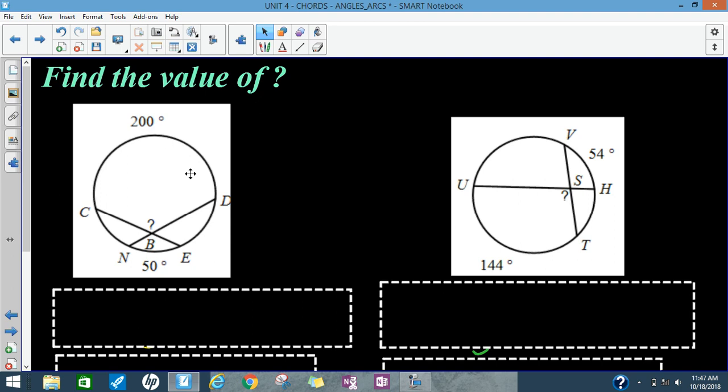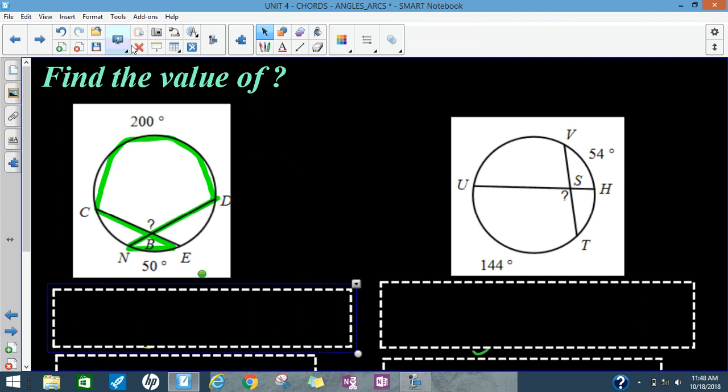So this one over here, I have an angle, question mark, and I have two arcs, 50 and 200. And let me show you the bow tie. I go over the two chords. I have this really awkwardly made bow tie. My angle that I am looking for is inside of it, and the arcs that I know are part of the bow tie, so I can use those to find out question mark.